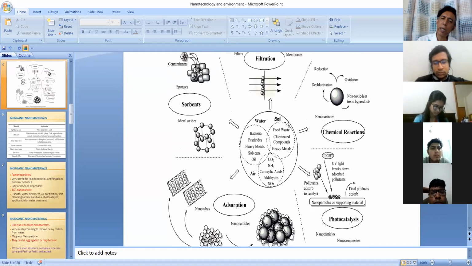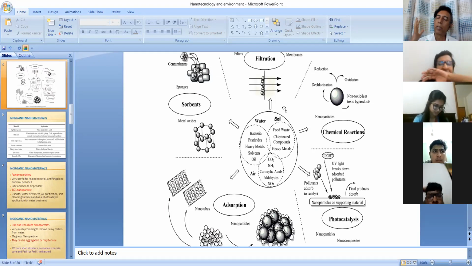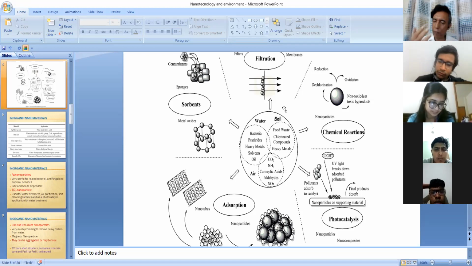So there are various methods by which a nanoparticle can be used for the remedy of your contaminated or polluted substance. That means for the remedy of the environment.